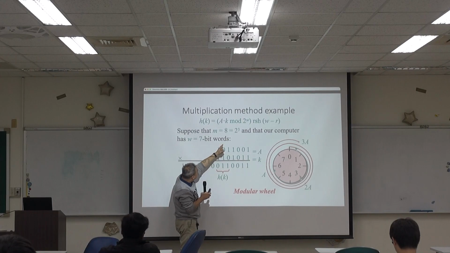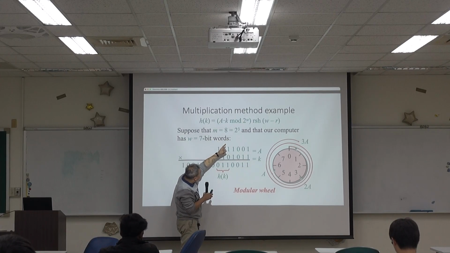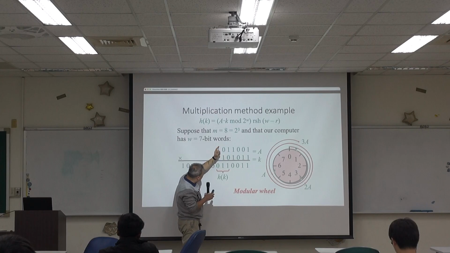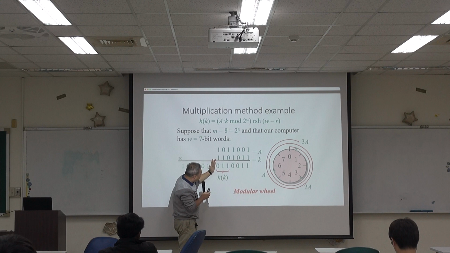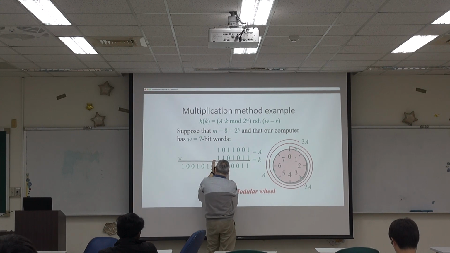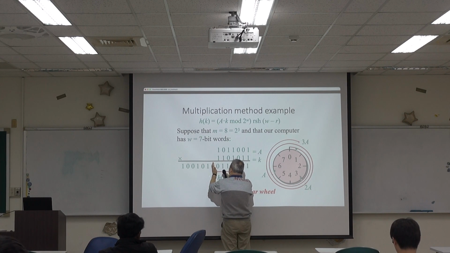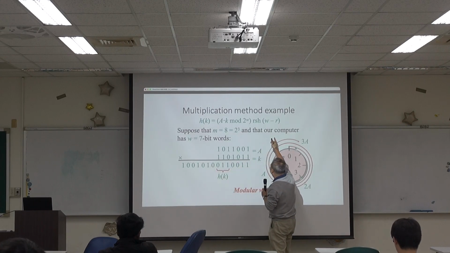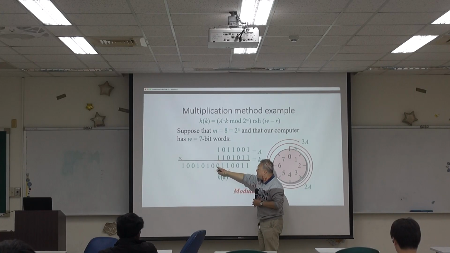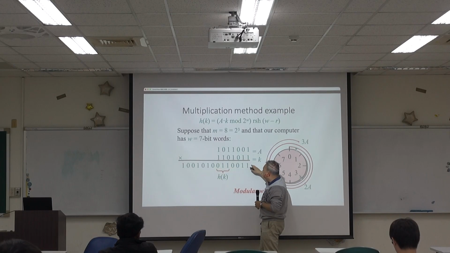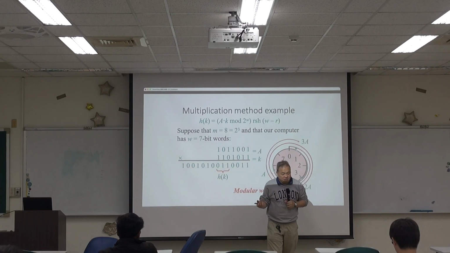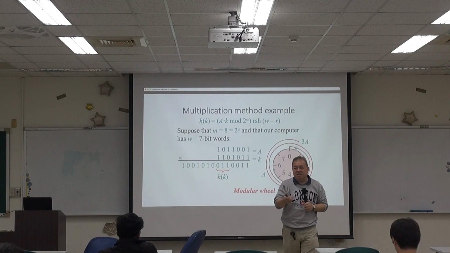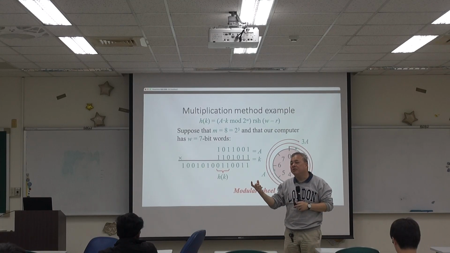Basically 2 to the power of r, that is n. That means you want the leading, most significant r digits from the modulo result. That's it. So obviously this can be done very efficiently.